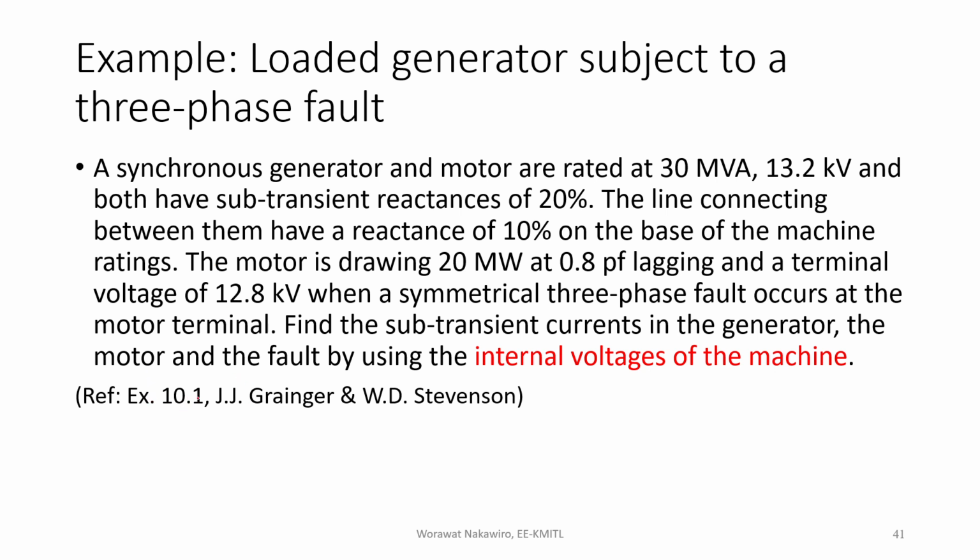So this example is from the Grainger and Stevenson book, example 10.1. The problem says that the two machines, the generator and the motor, are identical. The synchronous generator and motor are rated at 30 MVA, 13 kV, and both have subtransient reactances of 20%.